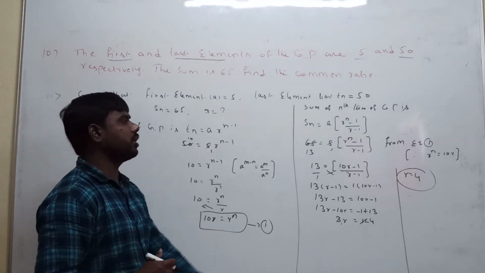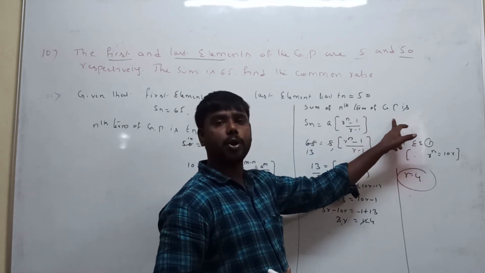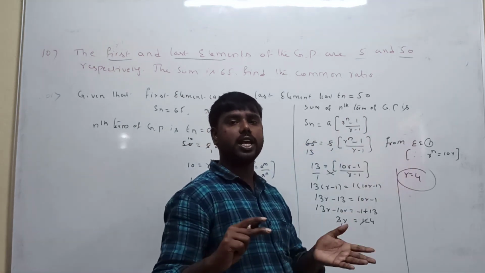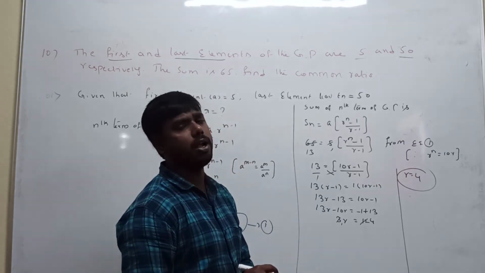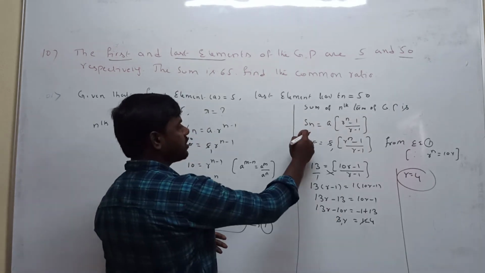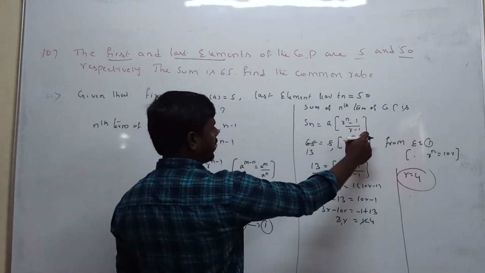After that, now applying the sum of the nth term of the geometric progression, we can apply any one formula. You can apply the r is less than 1 formula or the r is greater than 1 formula. So I am taking the r is greater than 1 formula: Sn is equal to a into r to the power of n minus 1 divided by r minus 1.